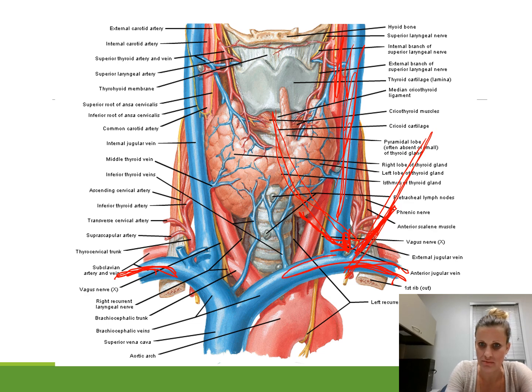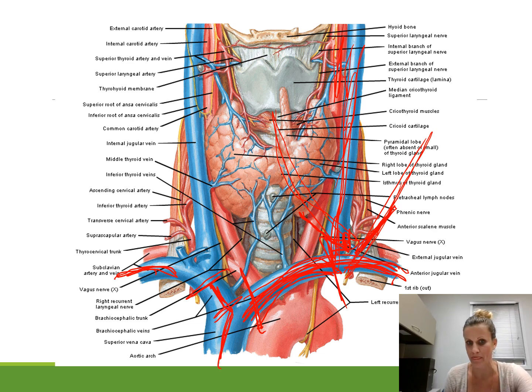So here we see our subclavian, right? And it meets with the internal jugular. And then this right here is the brachiocephalic, right? So here's the left brachiocephalic and then the right brachiocephalic, going into the superior vena cava. Notice that the right brachiocephalic is shorter than the left brachiocephalic.